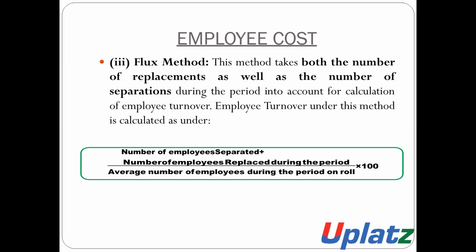Employee turnover under this method is calculated as: the number of employees who are separated during the period plus the number of employees who are replaced during the period, divided by the average number of employees during the period on the payroll, into 100.